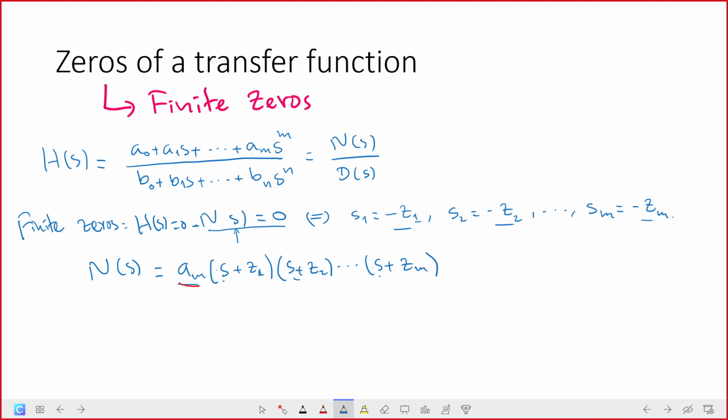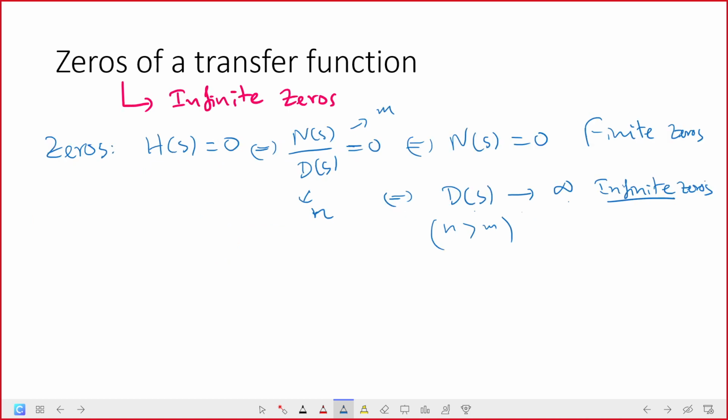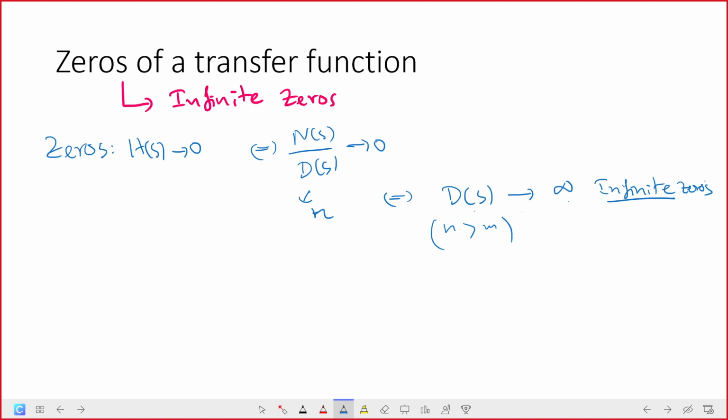And for the infinite zero, we should say H of s approaches zero.